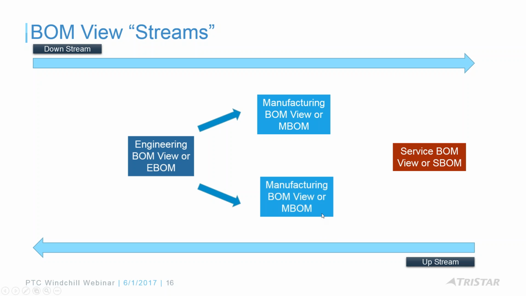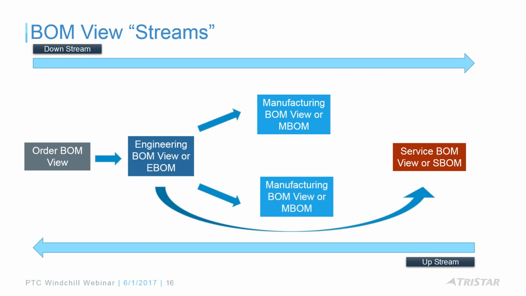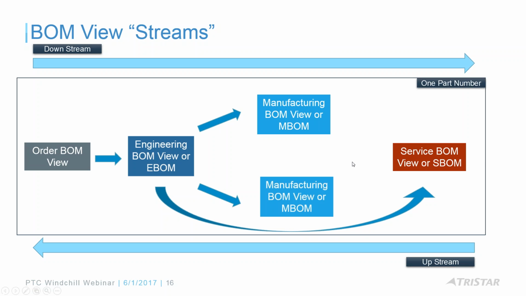Maybe different part numbers. So sometimes that may be split out and managed that way, not only sequentially. But all of this is just driven by one part number, right? So that part that I have in engineering will typically be the part number that I'm using in manufacturing.